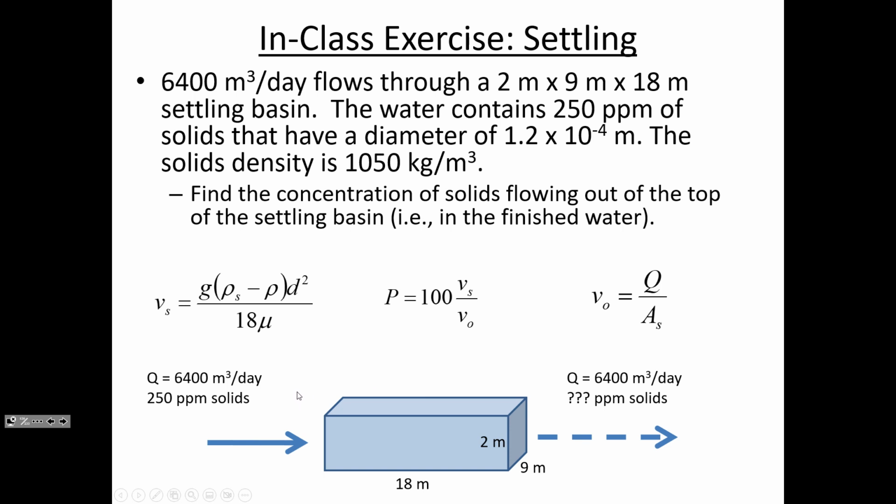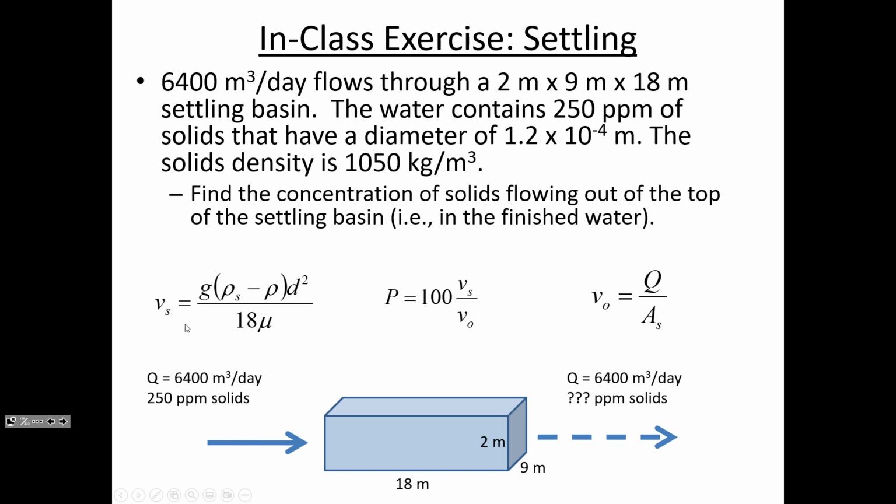Does anybody remember what we said the assumption is with the particle that's just barely removed? By the time it gets to the end of the settling basin, where is it? The bottom right corner. So anything above that bumps into the wall, we assume that it flows out. To be removed, it's that one that has to hit the bottom wall. So just sketch that trajectory.